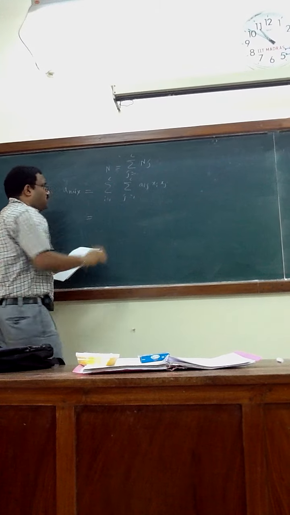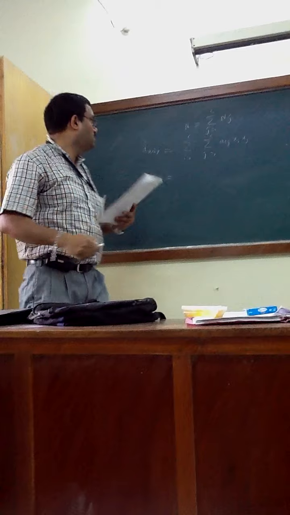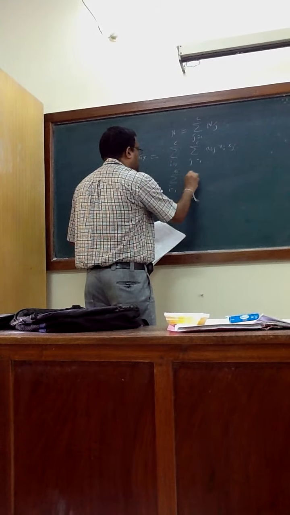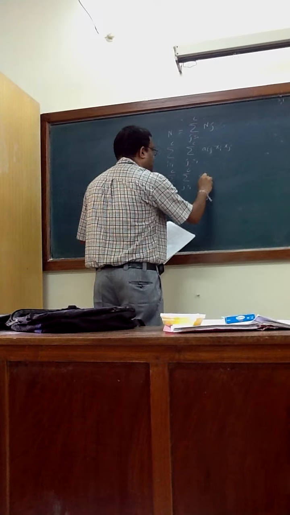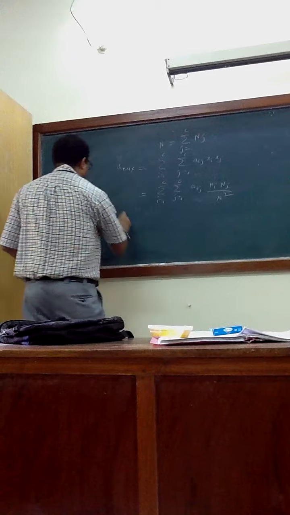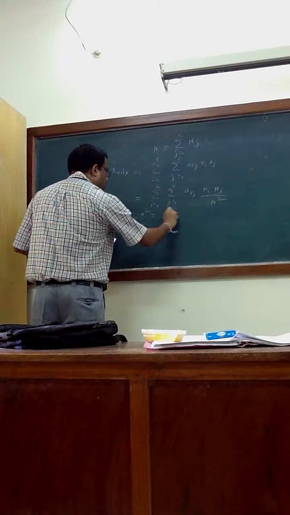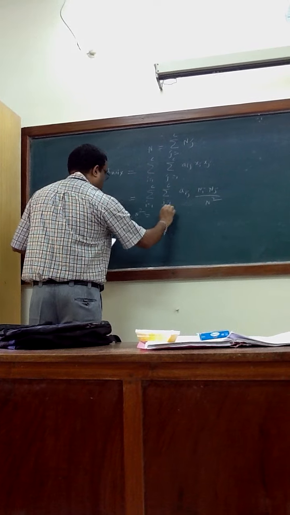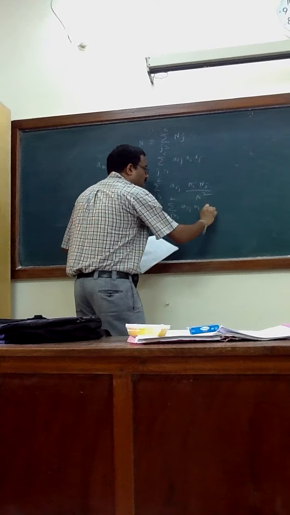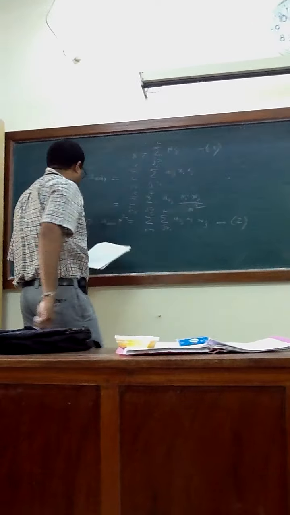As I said, everything should be done in terms of extensive variables, in terms of N. What will be the form? Summation i equals 1 to C, summation j equals 1 to C, Aij, Ni, Nj by N square. So you can write A mix N square equals double summation Aij Ni Nj, equation number 1.